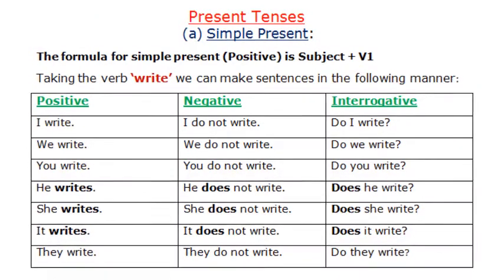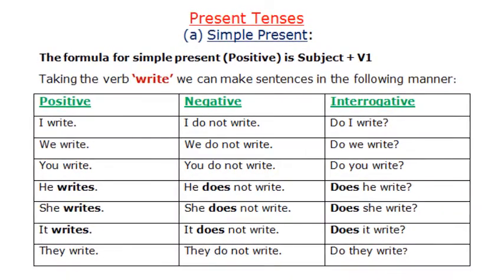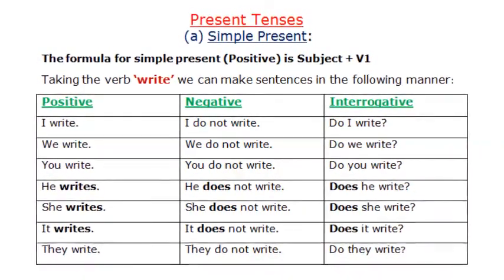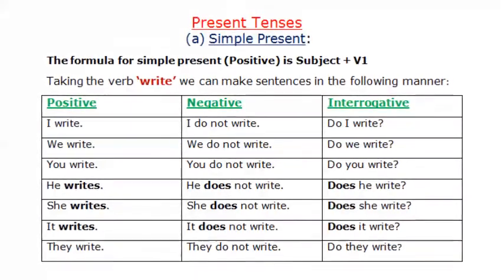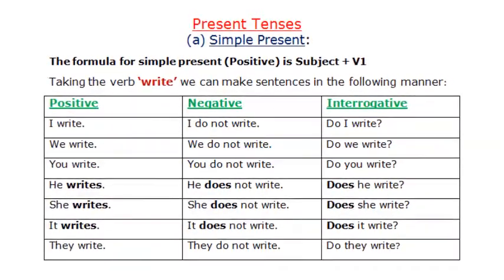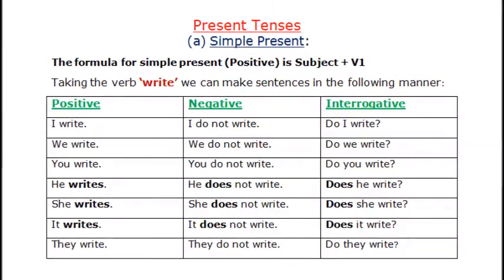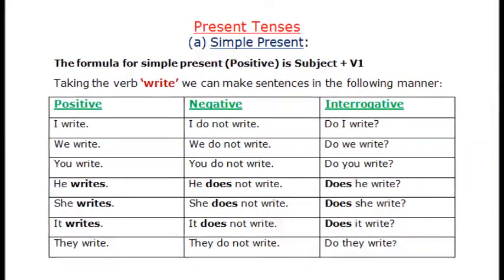In negative sentences, for third person singulars, we have seen he does not write, she does not write, it does not write.